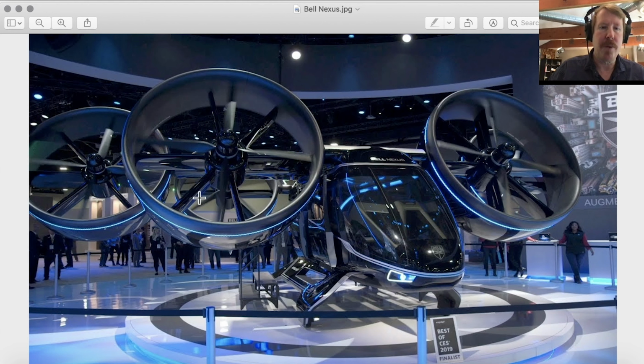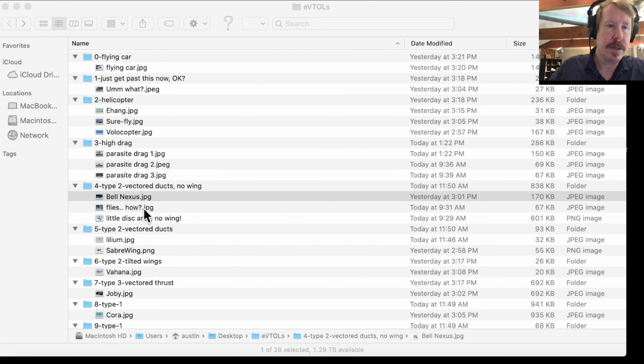These ducts are well known to stall during transition and mess up the airflow coming into the duct during the transition. And they seem to have forgotten the wing part of the job. It's not exactly obvious from this photo, but the wings on this vehicle are almost non-existent. And that breaks the large wings that are long and thin and high aspect ratio rule that we discussed.